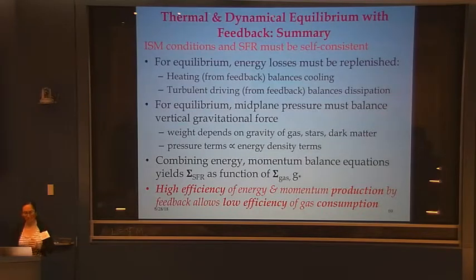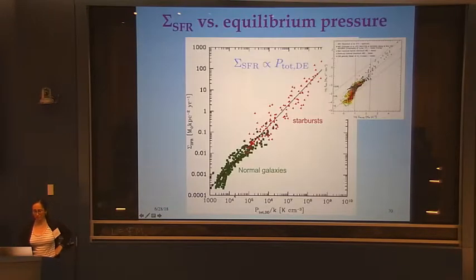It's very efficient in terms of energy return because nuclear energy processes are very efficient. So you're getting a lot of energy and momentum back for using up very little of the gas. So it's kind of a trade-off. You're getting a lot for what you give.